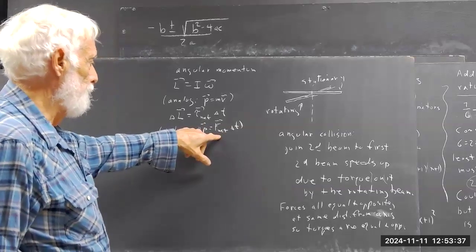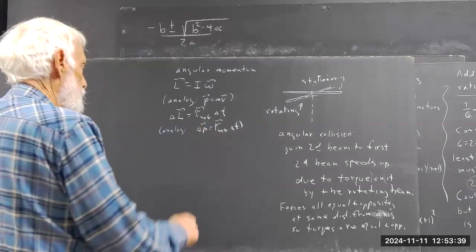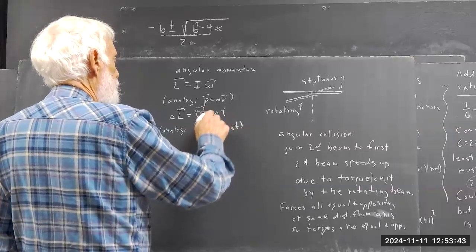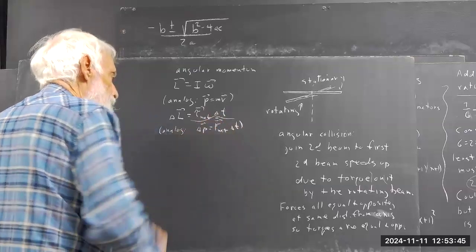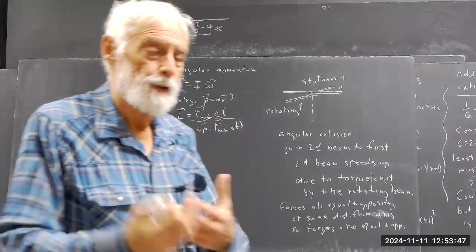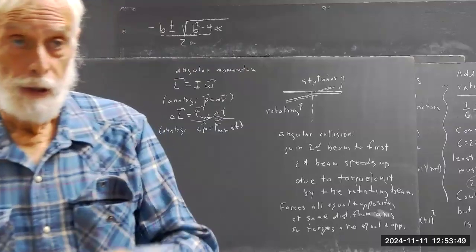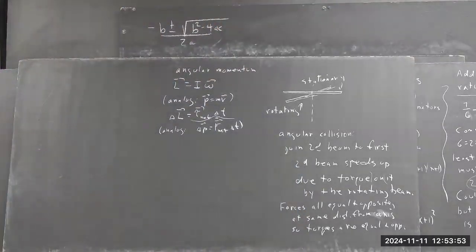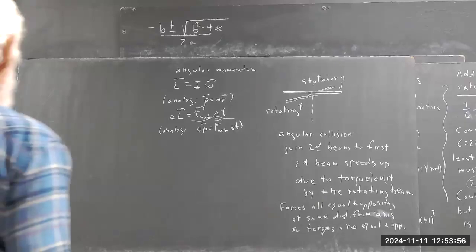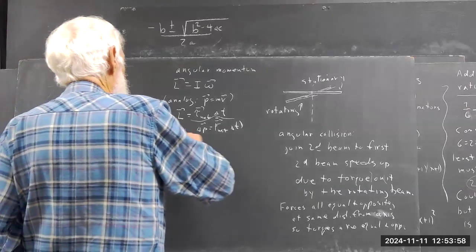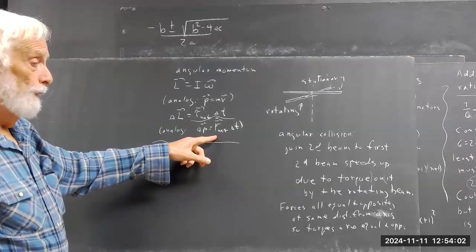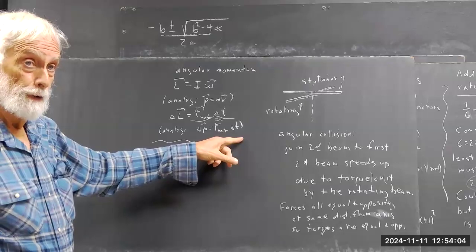The analog is impulse equals F net delta t. You know, I ought to put a little bar over this, F net bar, meaning average net force, because the net force is going to vary during that time delta t. And you don't need to worry too much about why, or about how, but you should worry a little bit about it. It's just, you're integrating the actual force as a function of time times delta t.